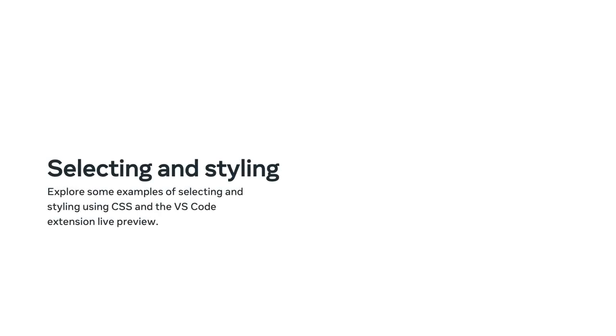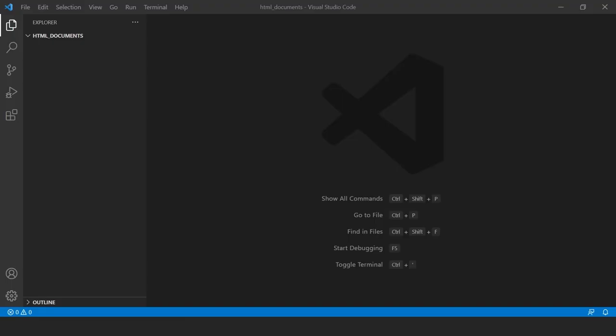Now, let's work through an example to change a set of heading elements using different CSS rules. I will share a pro tip demonstrating how to install and use the VS Code extension Live Preview to speed up your workflow. Okay, so I'm back in Visual Studio Code here. Did you know that you can add additional functionality by using extensions?